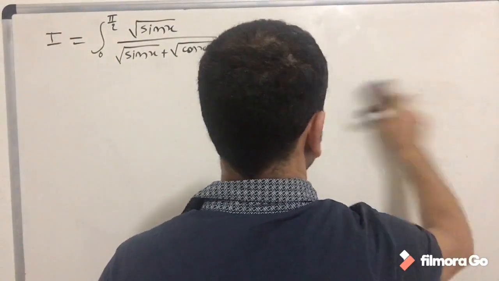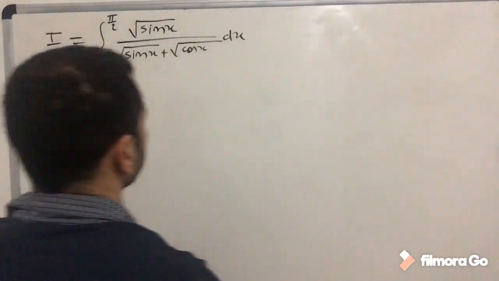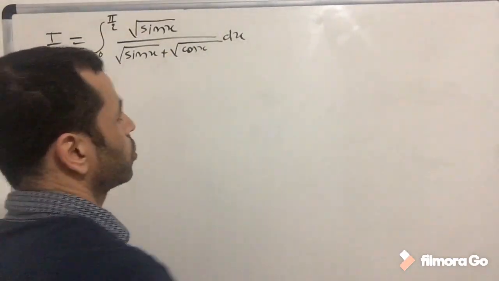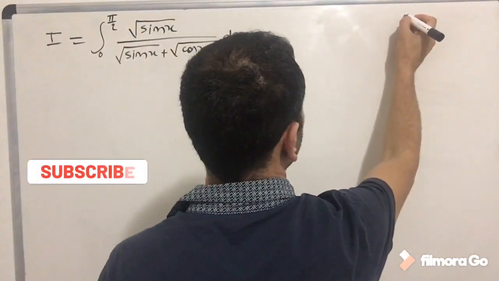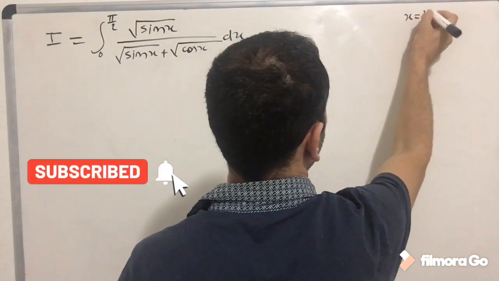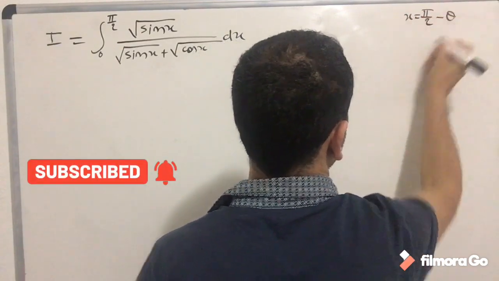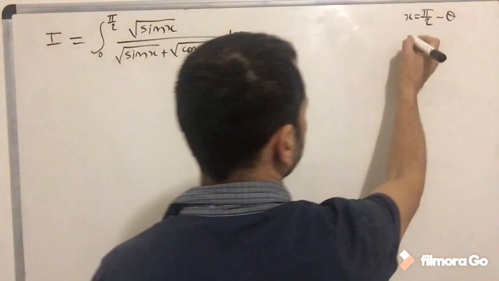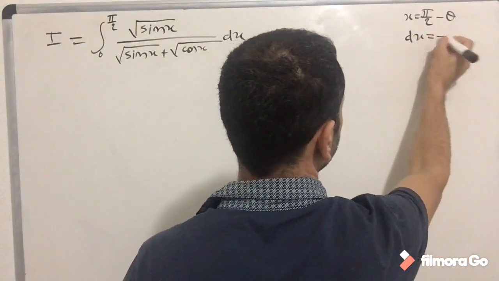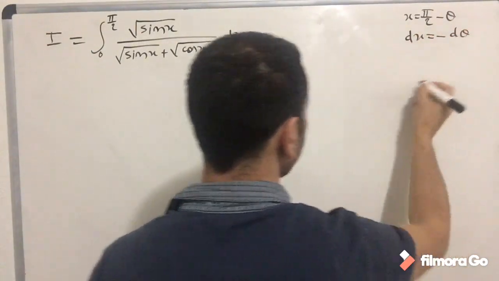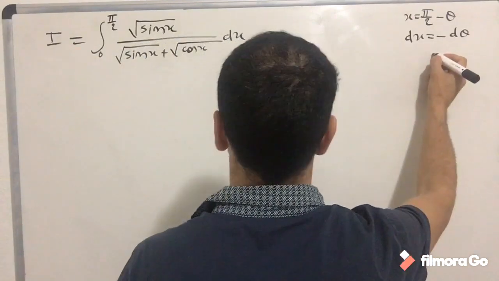Okay, let's begin now with our integral. Let's put the substitution x equal pi over 2 minus theta. Differentiating, dx equals minus d theta. Let's change the bounds.